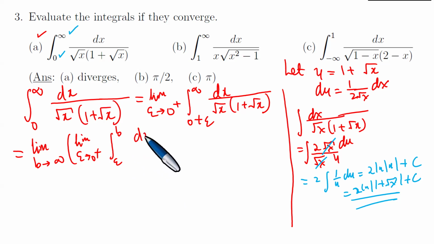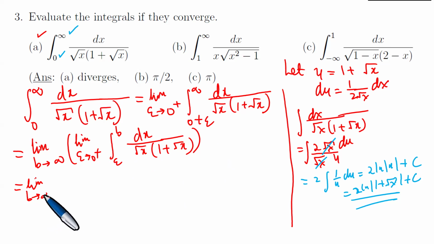And then you have dx over the square root of x times 1 plus the square root of x. Meaning this is the limit. Okay, so we first look at this one, the inside, because there are two things here.